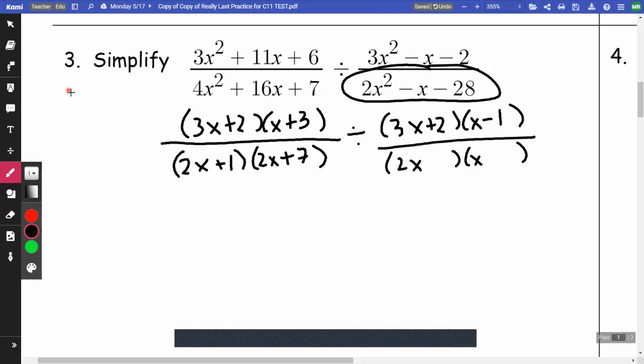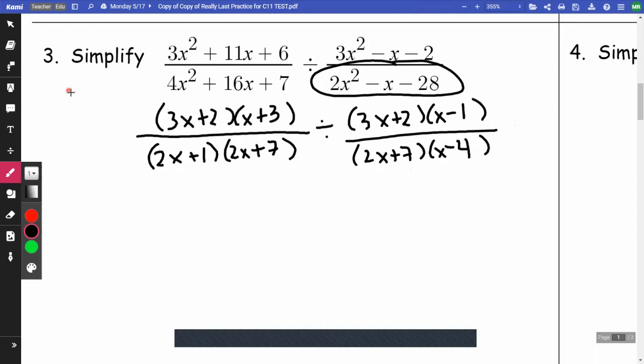I need to have a 28, so that's going to be a 7 and a 4. I'm thinking maybe put my +7 here and my 4 here, which will be a -4. That will give me my -8. That will give me a 7. That's going to be a -1. So those are our factors.